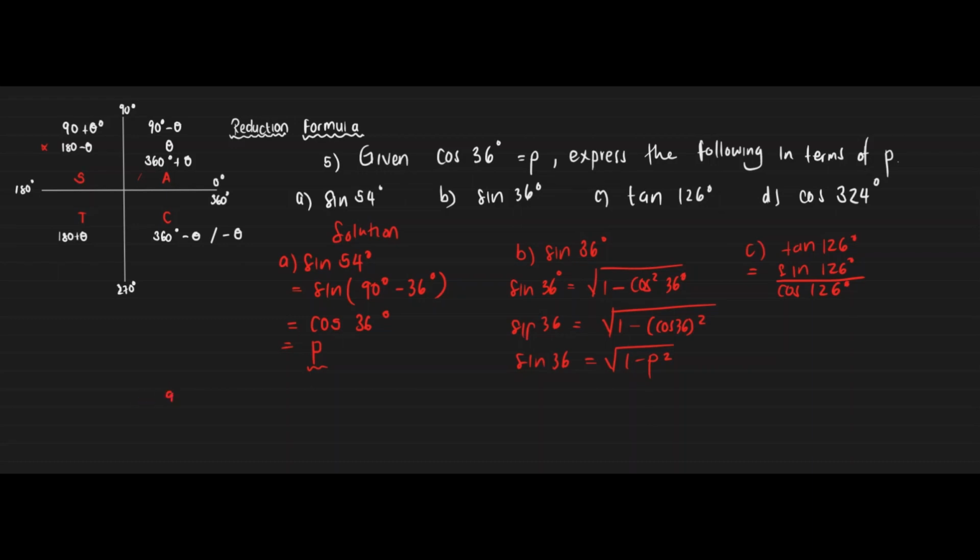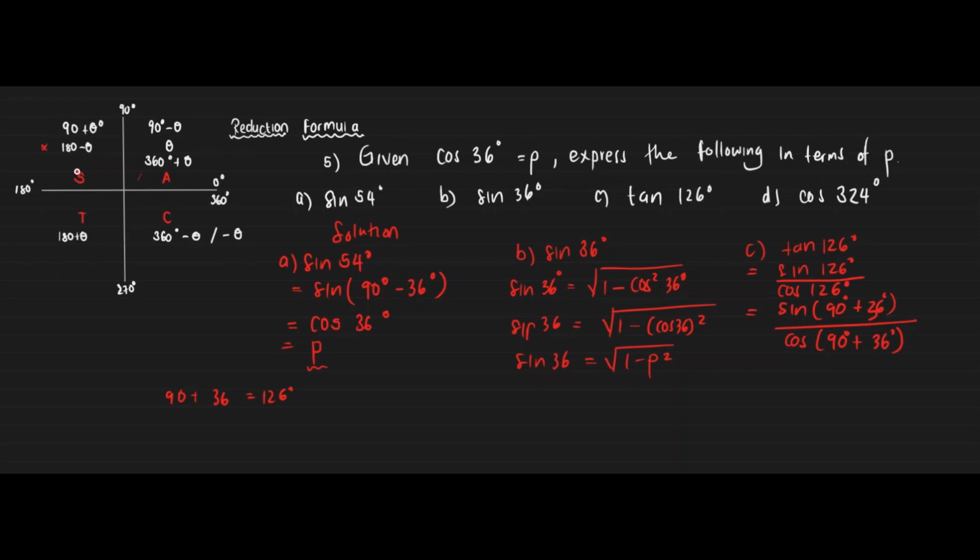If we say 90 plus 36, it's going to give us 126 degrees. So we're going to replace this 126 by 90 plus 36, sine of 90 plus 36 degrees divided by cos of 90 plus 36 degrees.